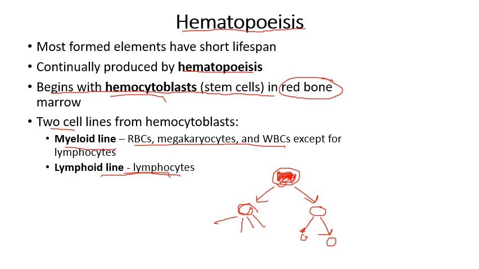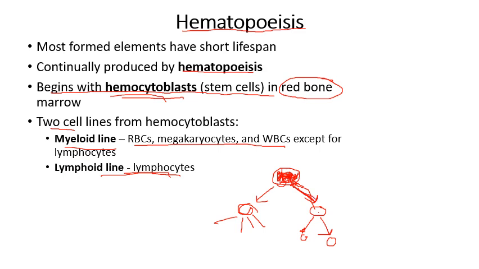Once this hemocytoblast, the beginning stem cell, differentiates to either here or here, this intermediate cell will further differentiate down toward one of these lines. It cannot go back to being the stem cell.